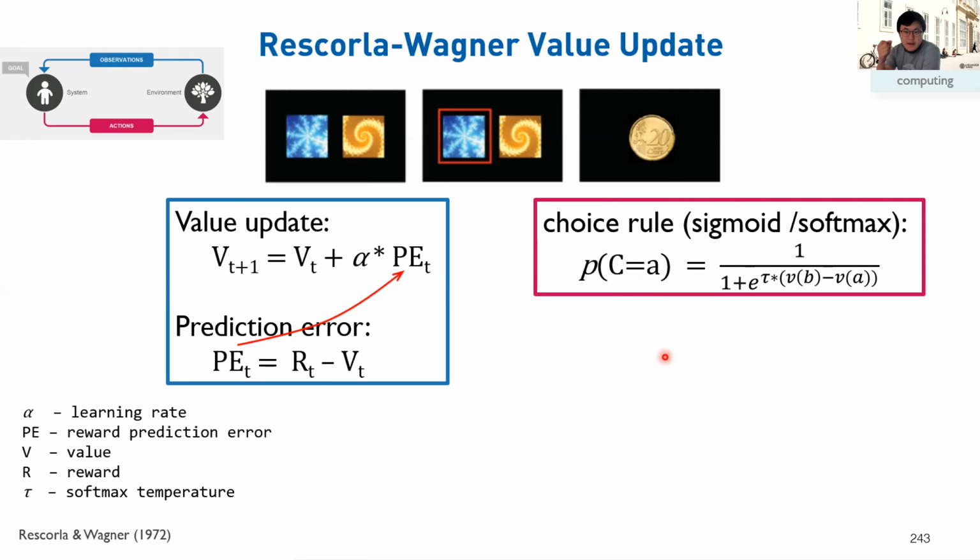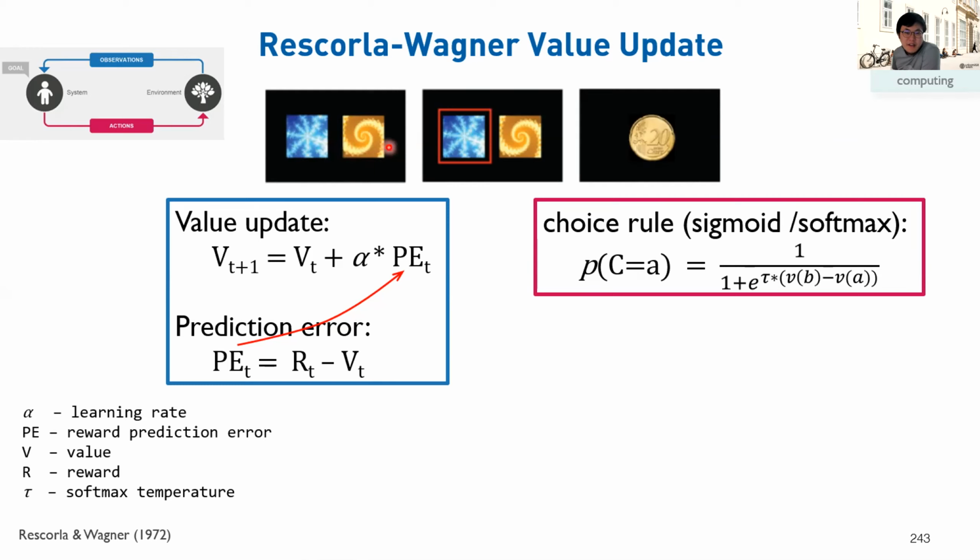So we talked about this reinforcement learning framework, and we were introducing a simple model, the Rescorla-Wagner model, right? And we were using a simple experiment to test this learning process. So we show participants two random and meaningless options, just abstract symbols.